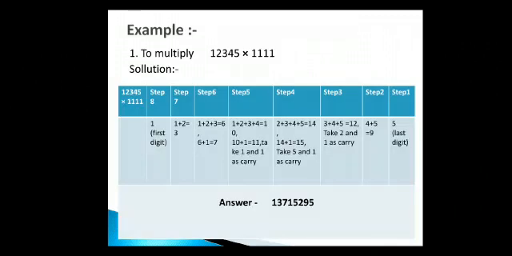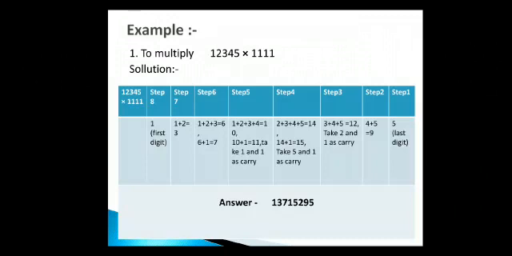The example is, now we have to multiply 12345 by 1111. So the first step, we write 5 as the last digit. Step 2, 4 plus 5, that is 9. Step 3, last 3 digits: 3 plus 4 plus 5, that is 12.